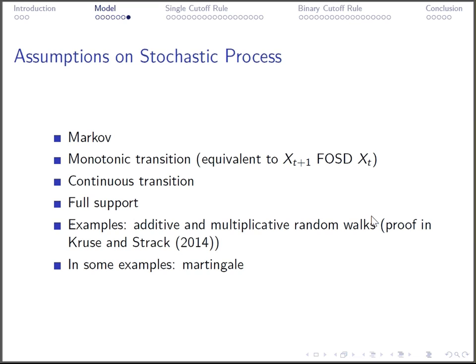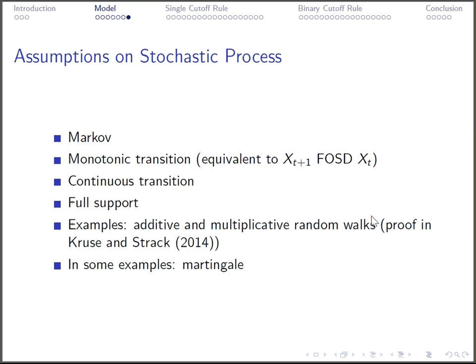So the next thing I want to talk about is some of the assumptions on the stochastic process. So the stochastic process needs to be Markov. It needs to have monotonic transition and continuous transition, and these two mean the conditional expectation operator would preserve monotonicity and continuity. So basically, if you have a monotonic function, then if you take expectation conditional on the previous period's valuation, then you still would have a monotonic function, and similarly, it maps continuous to continuous functions.